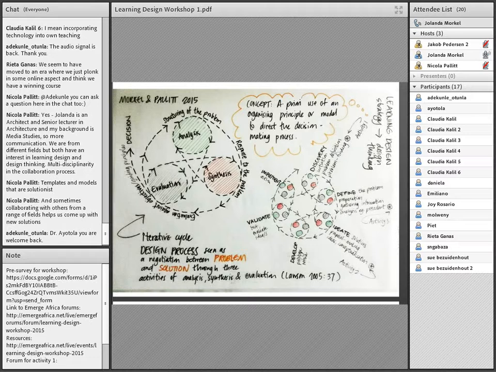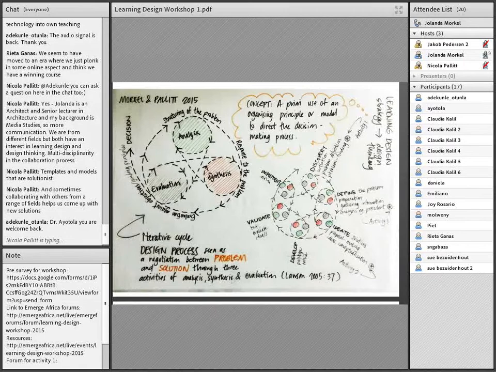So we'll get back to the idea of a concept later on. That is an organizing principle or a model to direct your decision-making process. And in the second workshop, we will do a little exercise related to that. So basically, just to say, it's a very messy process, and it's meant to be like that.